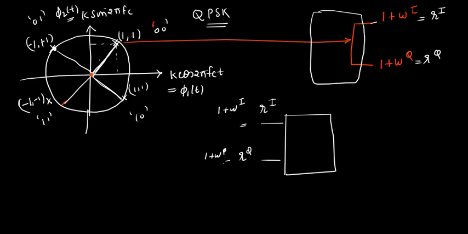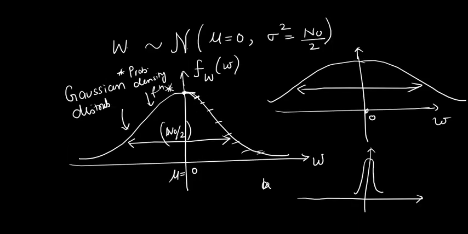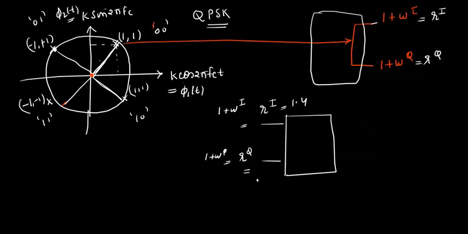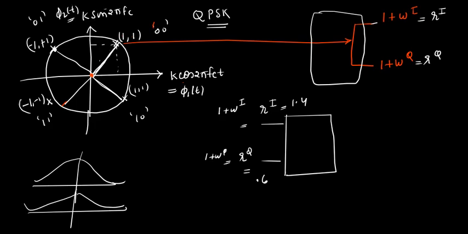So you will have some value. For example, you measure 1.4 and maybe 0.6. It can happen, right? Because Wi and Wq can take any value. As I told you, Wi and Wq are random.